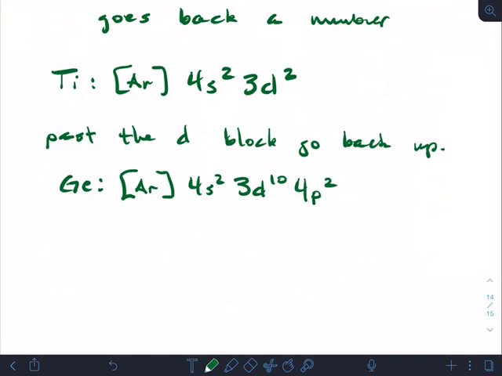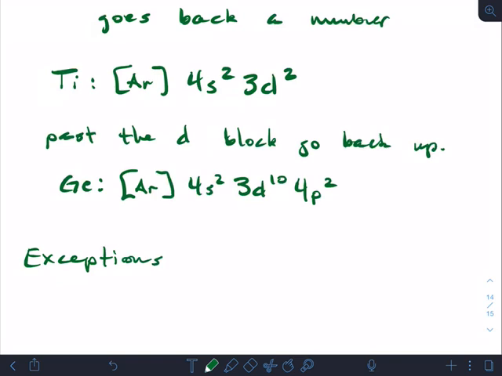Okay? And this is how it goes, right? It's always just reading left to right, top to bottom. You can use the noble gas configuration. You just find the noble gas above it and list that, and then list everything in its row, right?